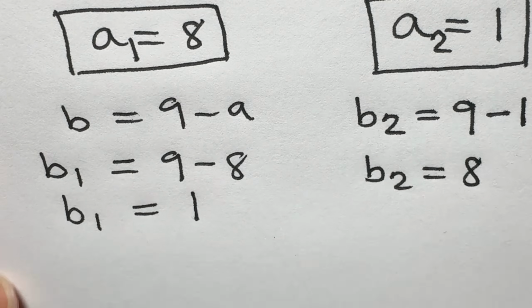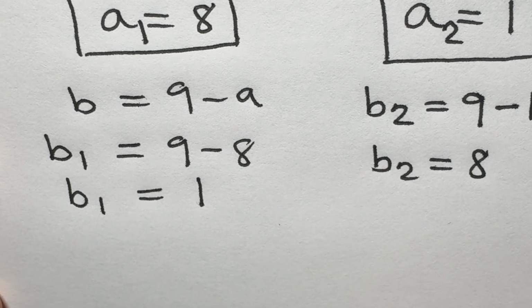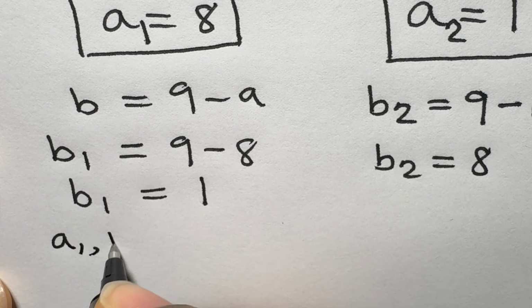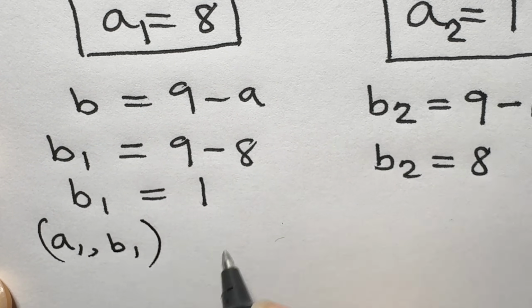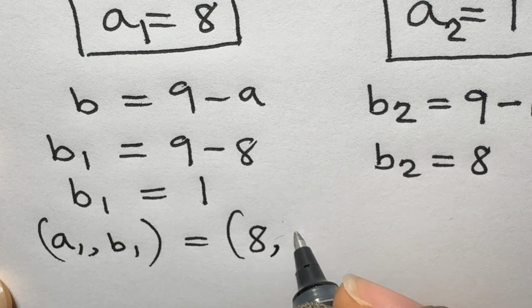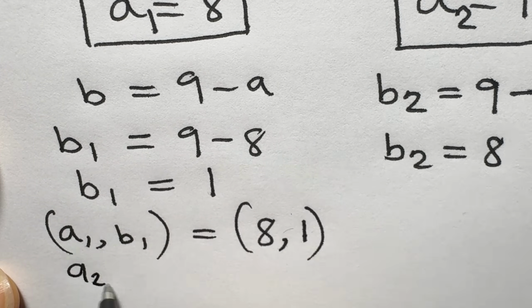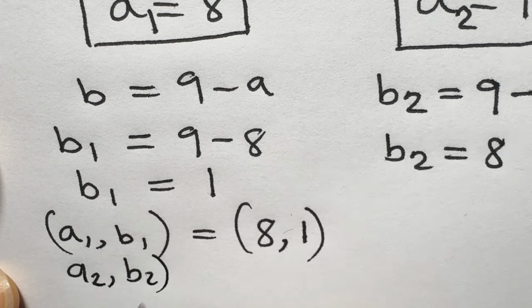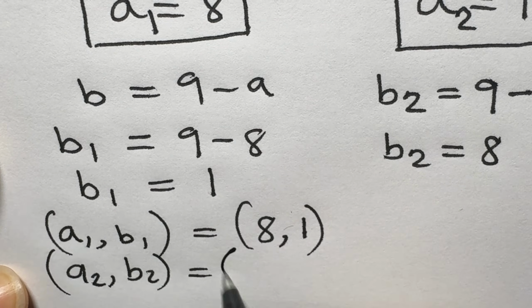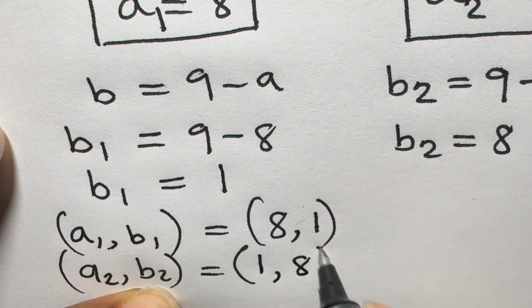Then we can say a1, b1 is equal to 8 comma 1, and then a2, b2 is equal to a2 is 1, so we say 1 comma 8.